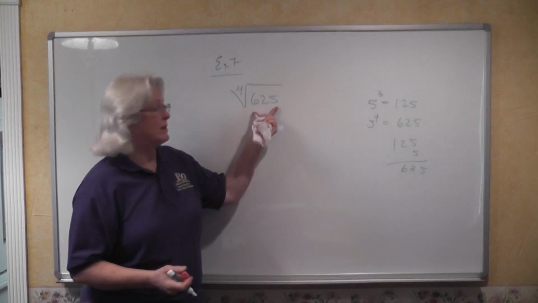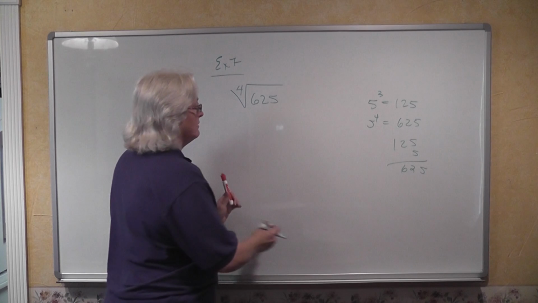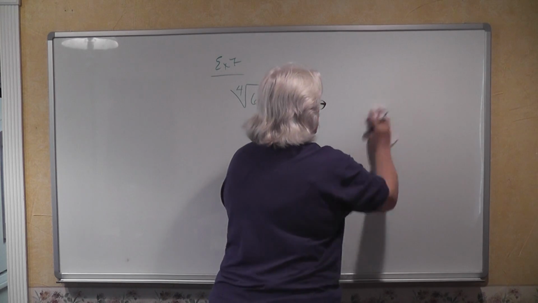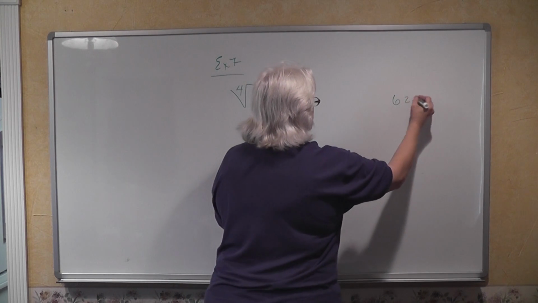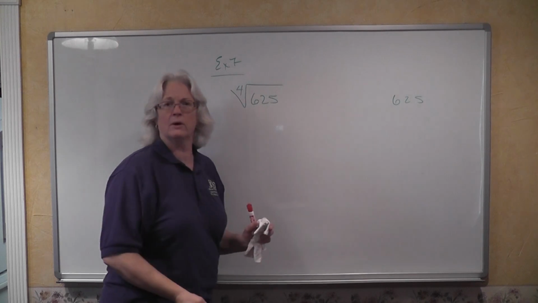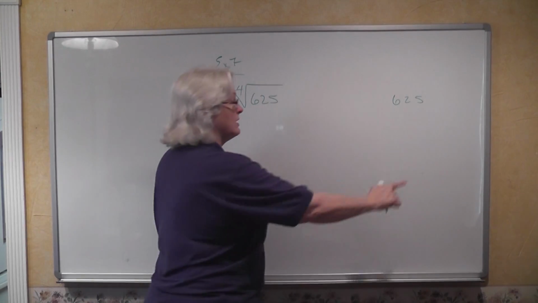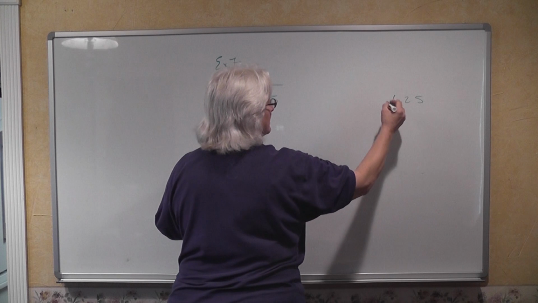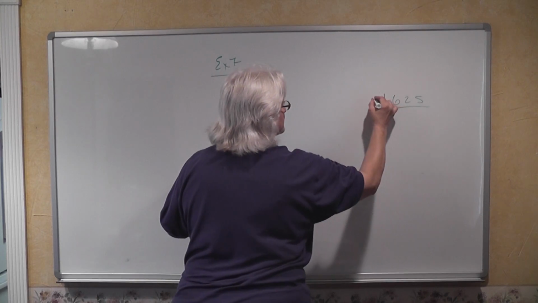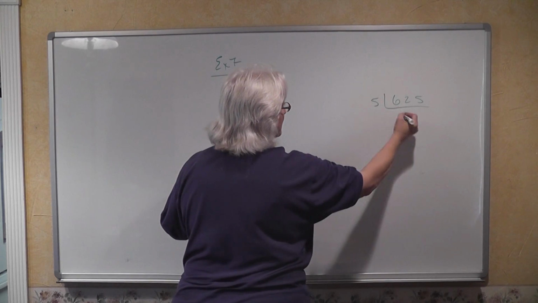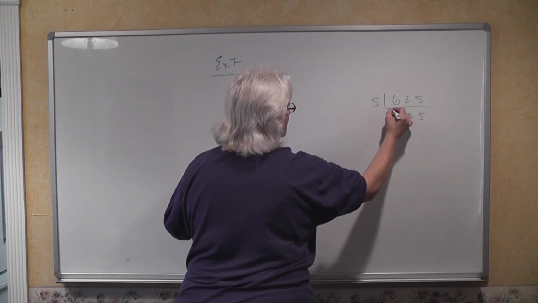So if we prime factor 625, let me just go ahead and do that. 625 and say, I don't know how to factor that. Well, you know that you can divide it by 5 because it ends in a 5. So 5 goes into 625 125 times.